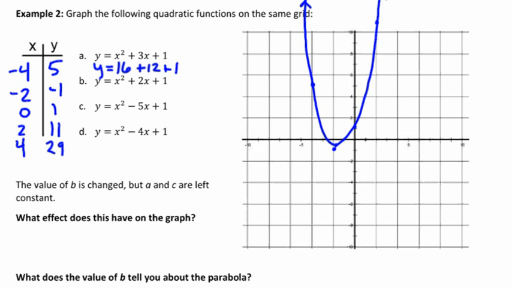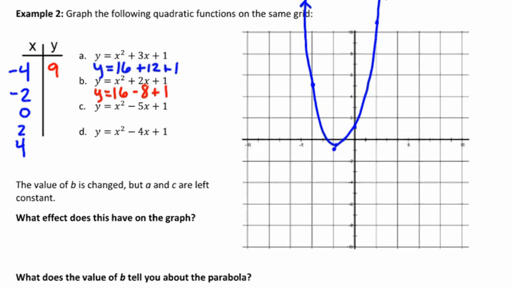We'll do B in another color here. So a new table of values. Let's just leave our x's the same. So y equals -4 squared, which is 16, plus 2 times -4 is -8, plus 1, 17 minus 8 will give us 9.